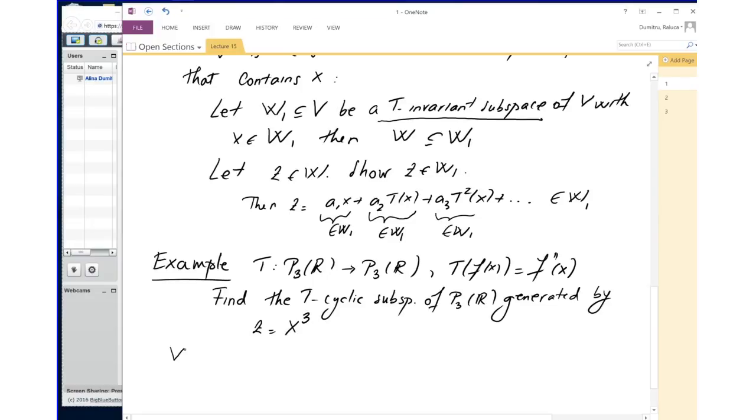Okay. So we need to look at this W, which was the span of z, T of z, T squared of z, and so on, right?